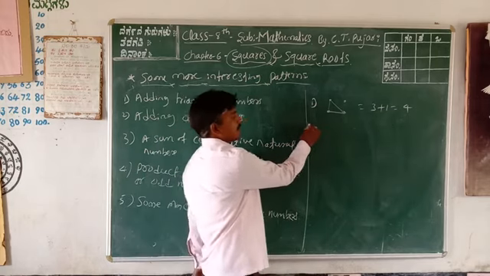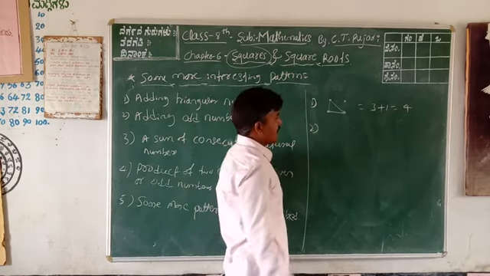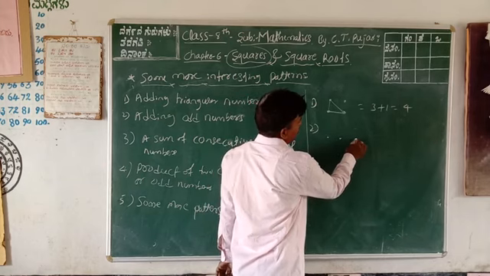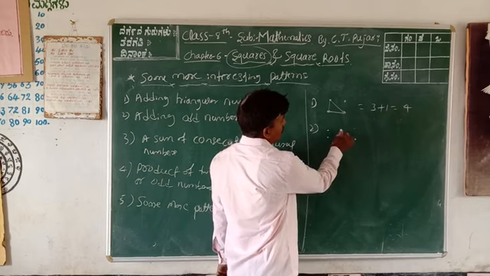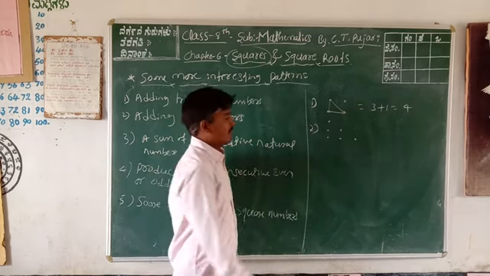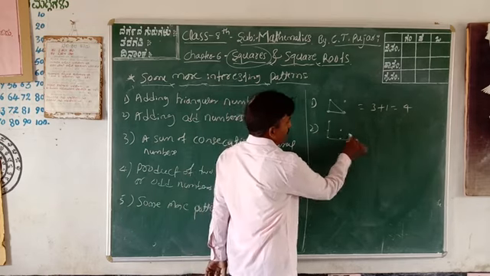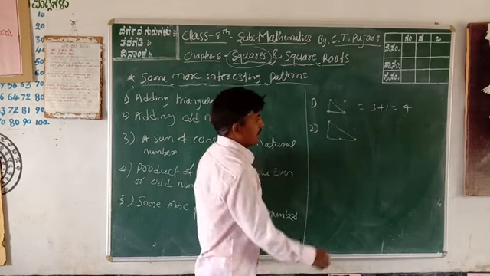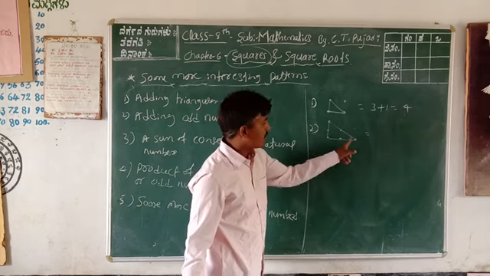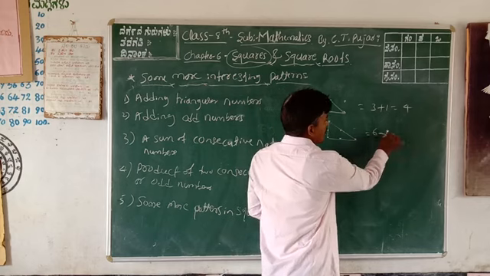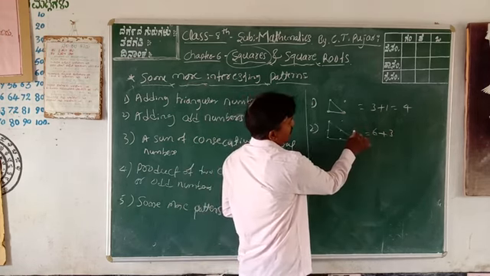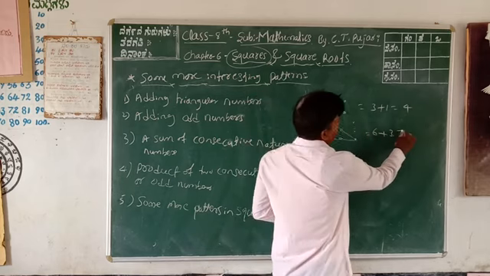What about the second one? The second triangle has 1, 2, 3, 4, 5 and 6 points. This is a triangular number. 6 plus 3, where 3 is remaining, is 9.